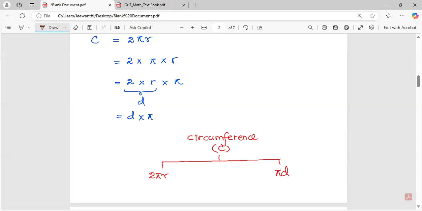You can use either equation, that's totally fine, you get the same answer, but you want to use the equation based on the available information. If you have the radius value in the question, you can use 2πr. If you have the diameter, you can use the πd value.